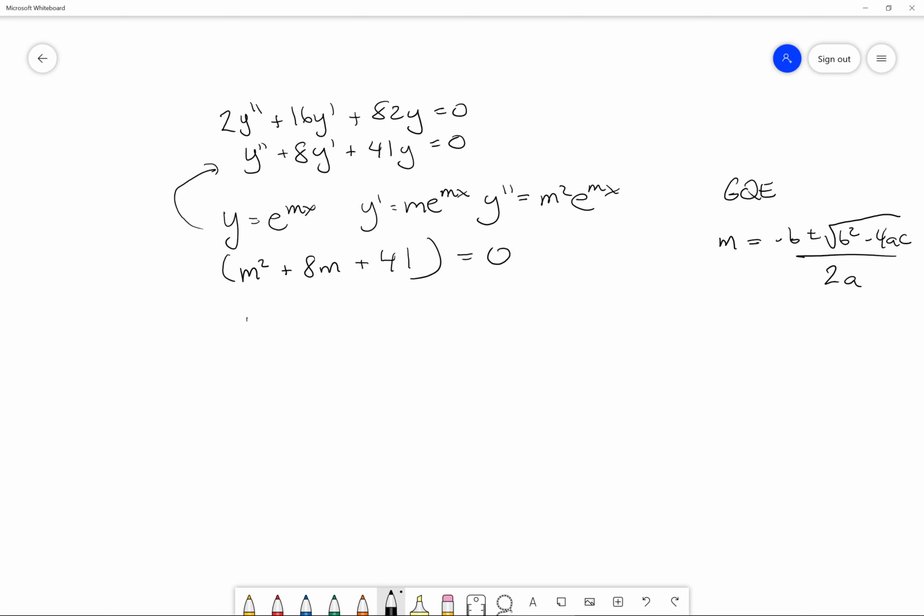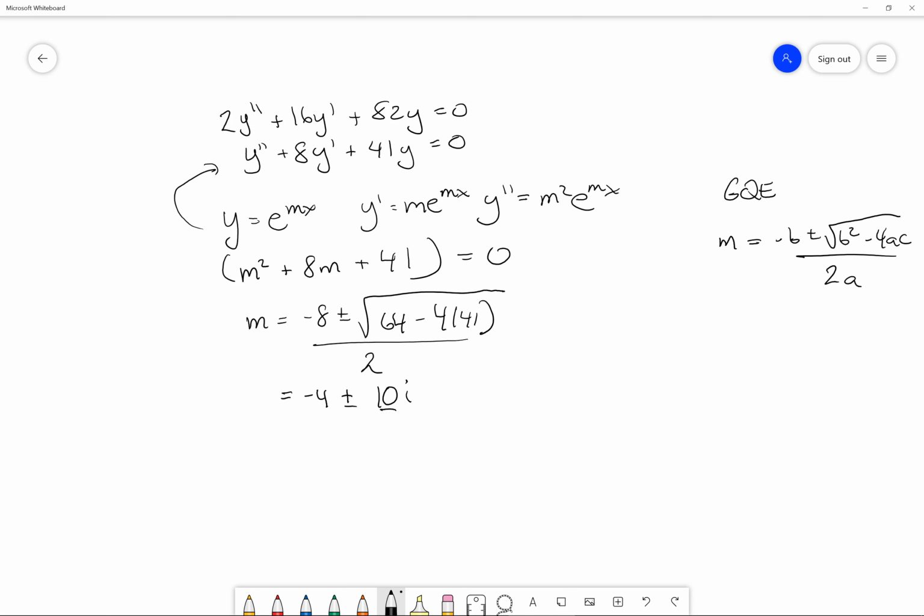So what do I have? I have that m is equal to negative 8 plus or minus 8 squared is 64 minus 4, a is 1, and c is 41, all divided by 2.